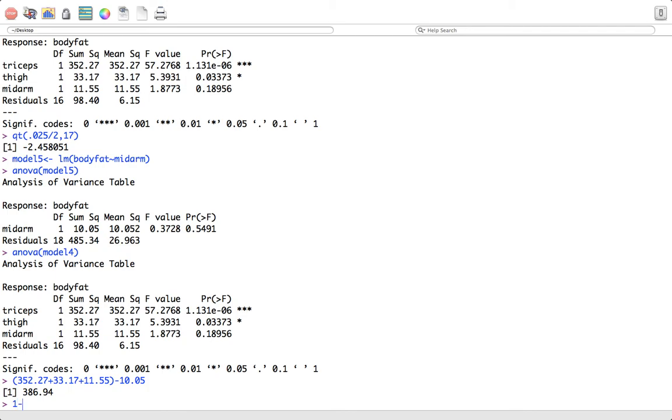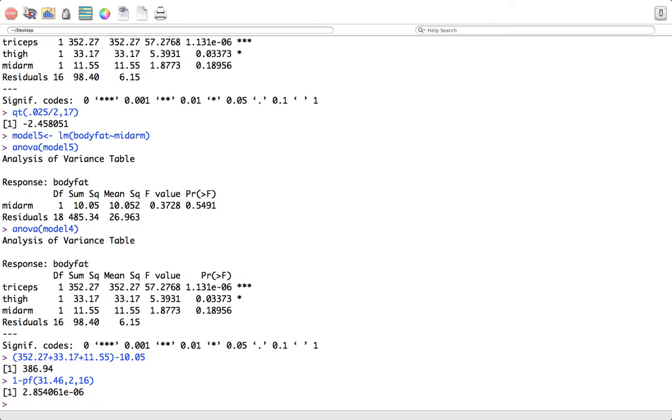So 1 minus PF 31.46, comma 2, comma 16. And yeah, very small. So we get statistical significance at the 0.001 level.